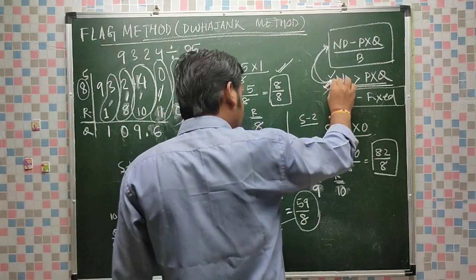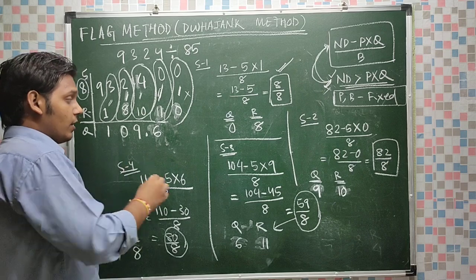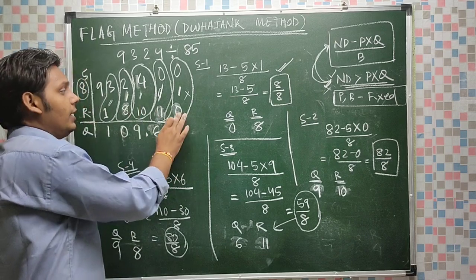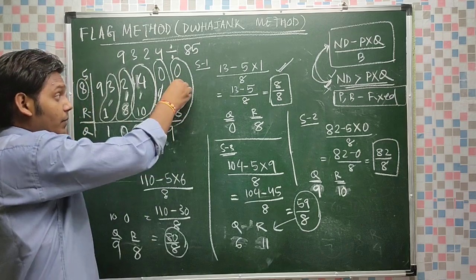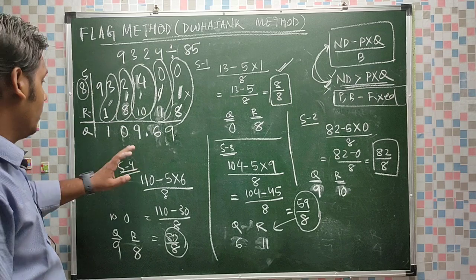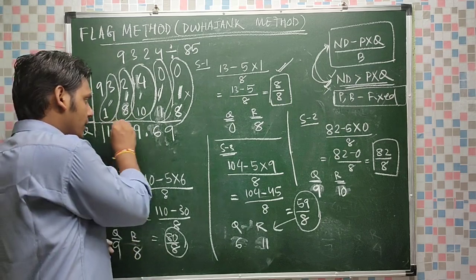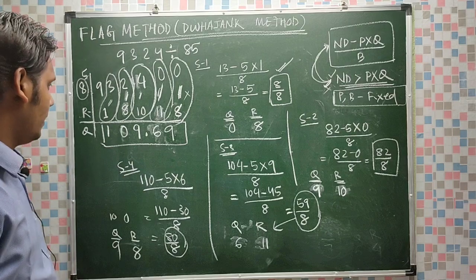In every step you have to check that new dividend must be greater than the product of power and quotient. So you need to take 9 here and thereafter here you need to take 8. Now this new dividend 80 is greater than 5 into 9, 45. So your value is correct up to 2 decimal places. 109.69.